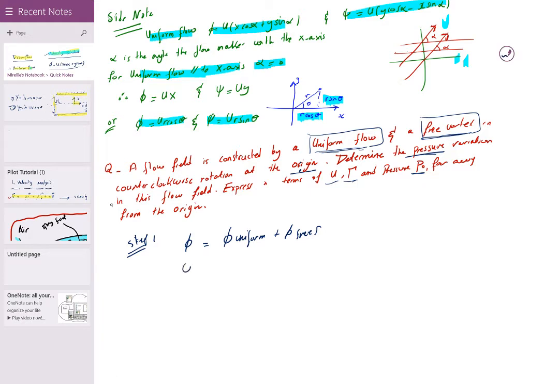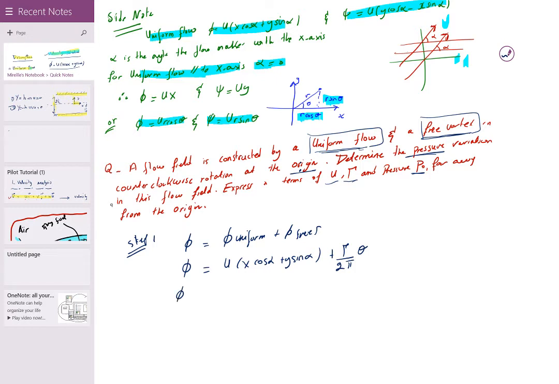So phi equals, I'm going to go up here, U times (x cos alpha plus y sin alpha), plus, from the tables above, gamma over 2 pi theta.